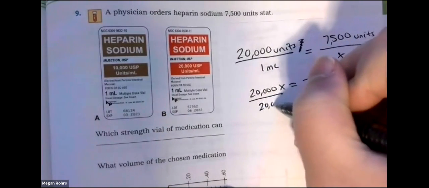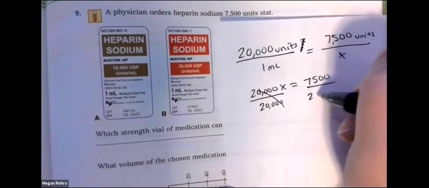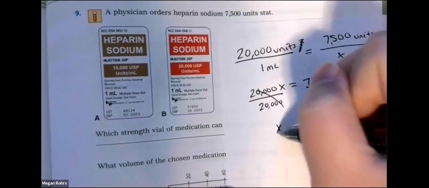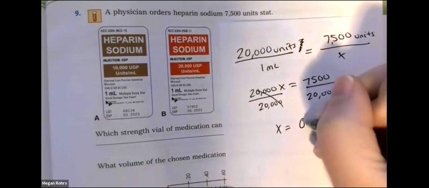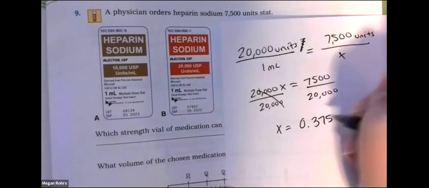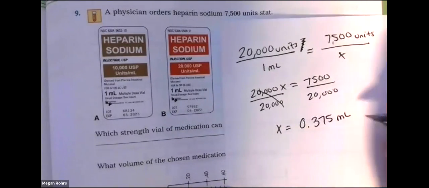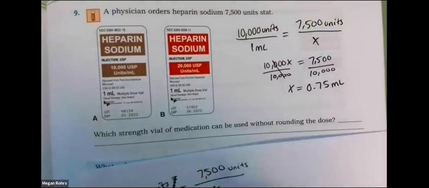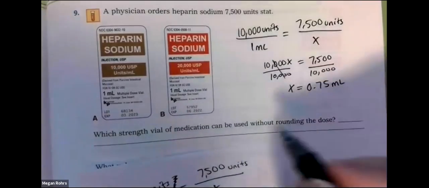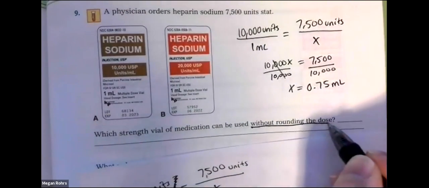We divide by 20,000 here. Do the same thing here. So now if you plug that into your calculator here, 7,500 divided by 20,000, that gives us 0.375 milliliters.